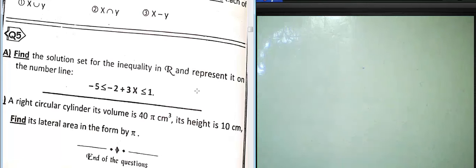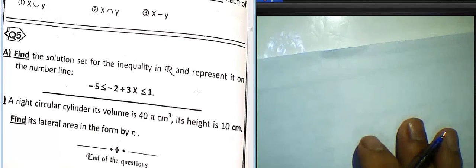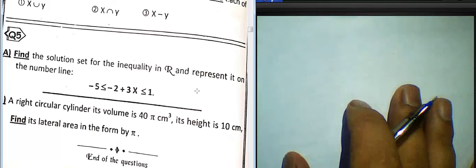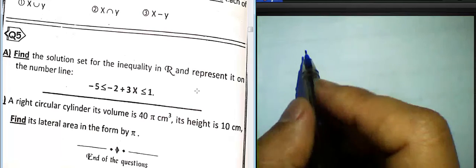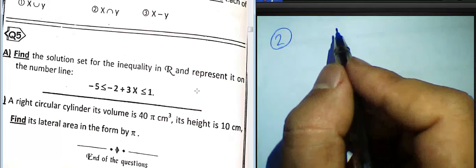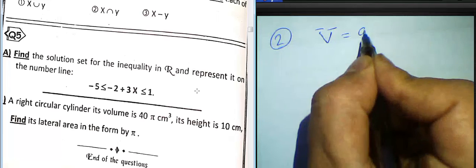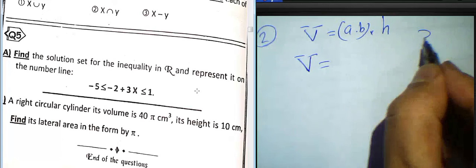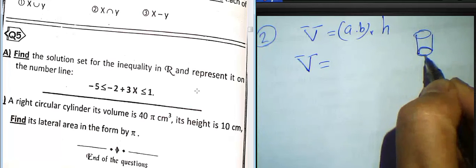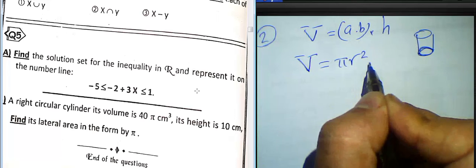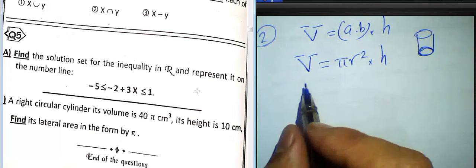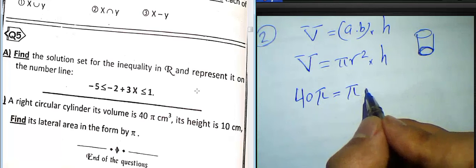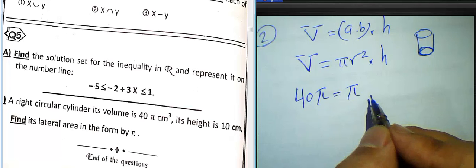A right circular cylinder has a volume of 40π cubic centimeters and its height is 10 centimeters. Find the lateral area in terms of π. Okay, we know a circular cylinder's volume equals the area of the base multiplied by the height. The base is a circle, so the volume is πr² multiplied by the height, and he gives us the volume 40π equals πr² times height.